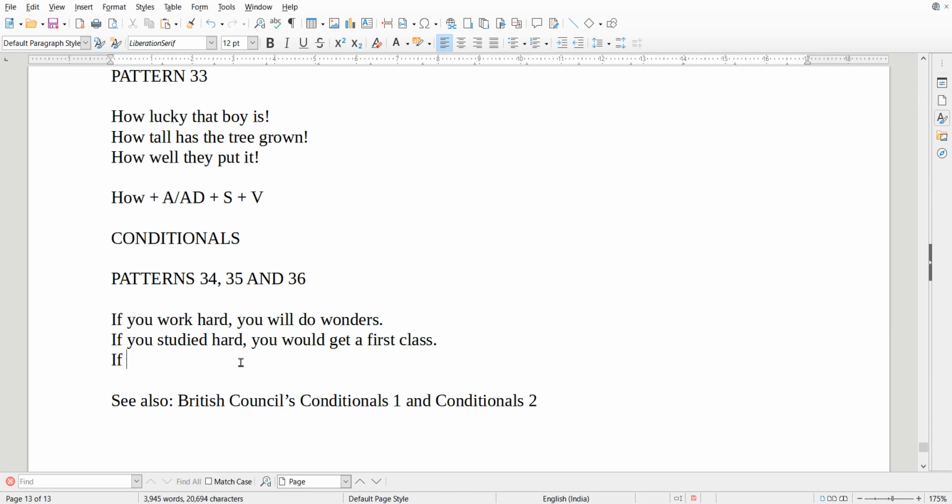If you had told me the truth, then the criminal could have been caught, but you did not tell me the truth then, and the criminal was not caught. Okay, unfulfilled condition.